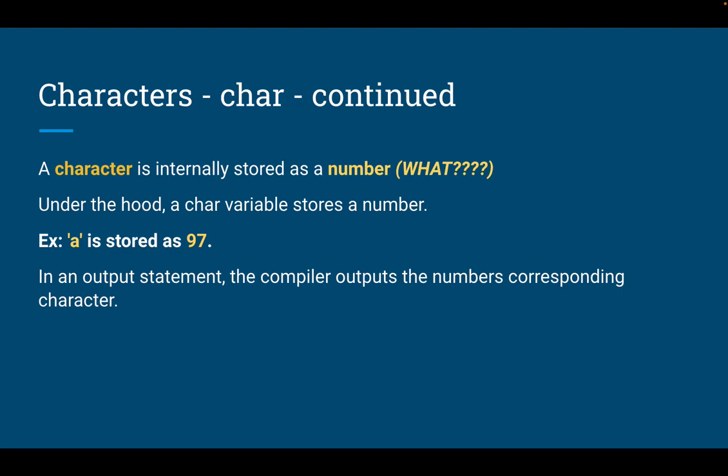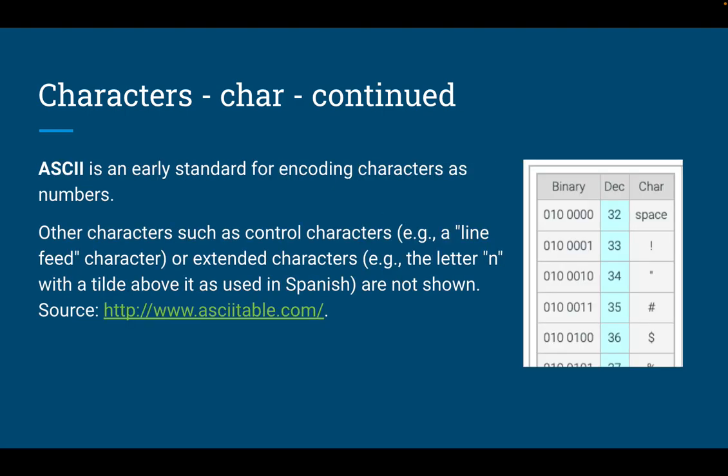So the character A is actually the number 97. Let's take a look here. This is kind of the layout. You have the binary of what it is. The decimal is the number 32, and the character is what that is.